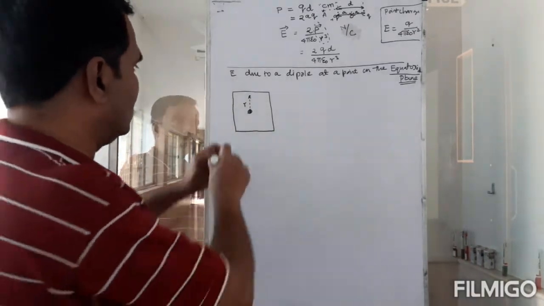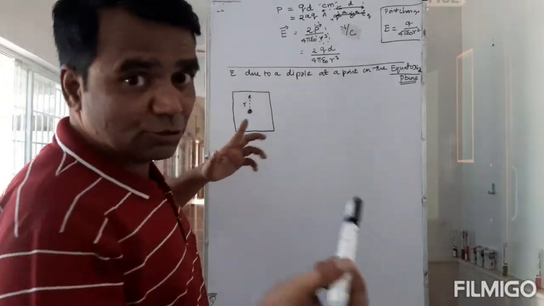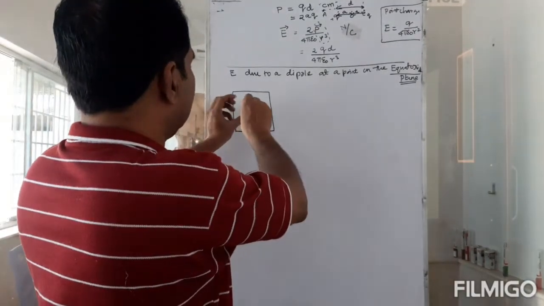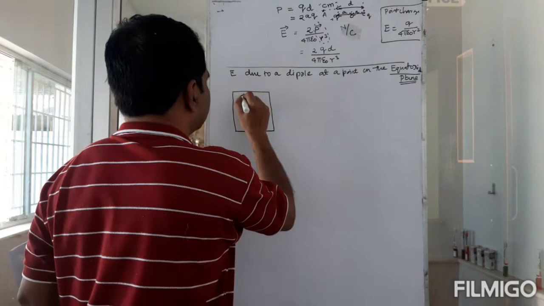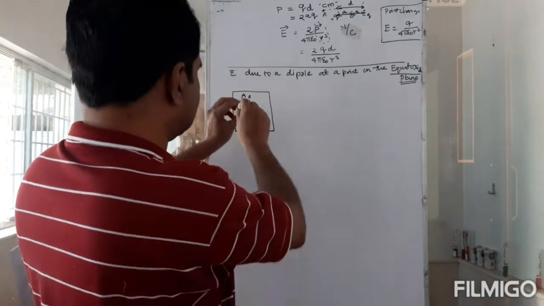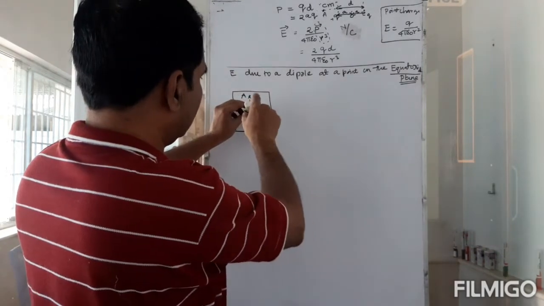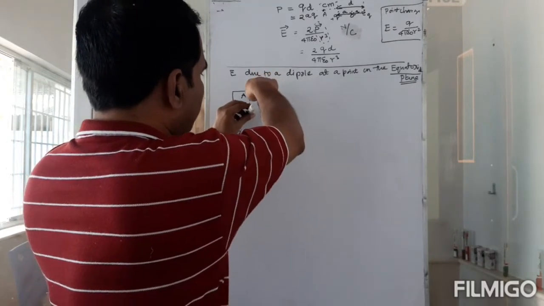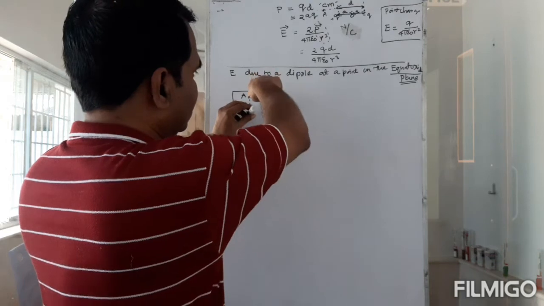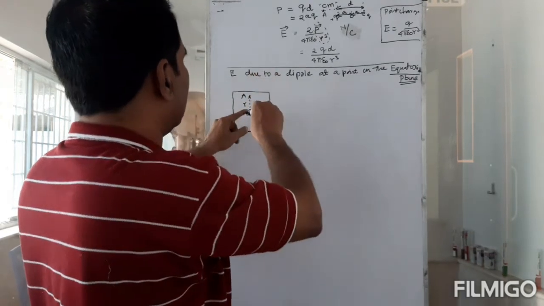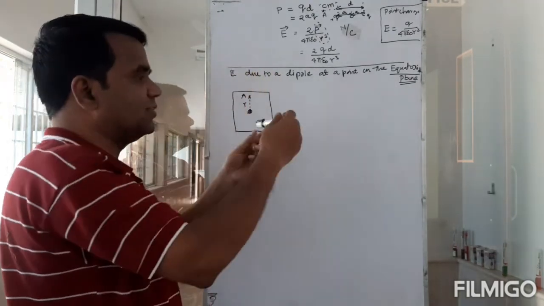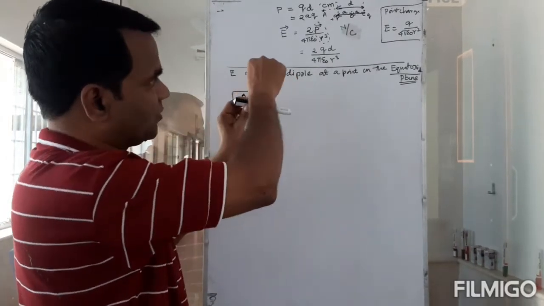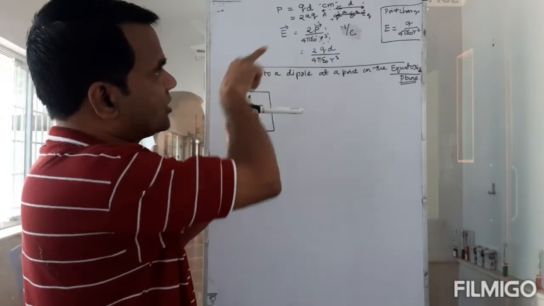Obviously you are going to bring a unit positive test charge at this point. This is point A. This is the dipole, with the negative charge here and the positive charge there. The negative charge is going to pull it in this direction, and the other side will push it in this direction.